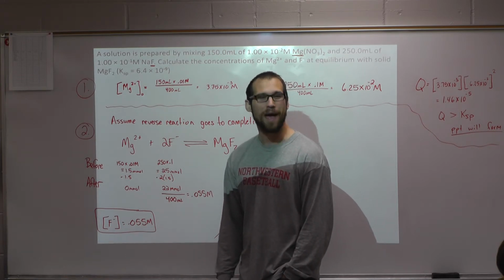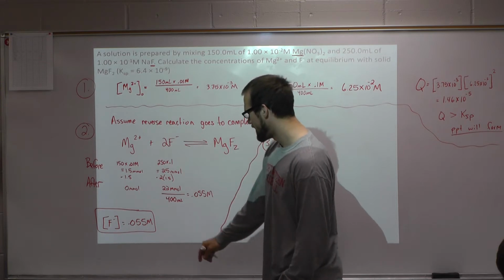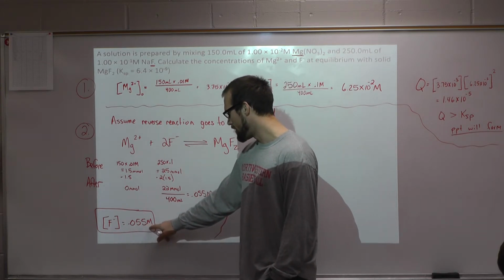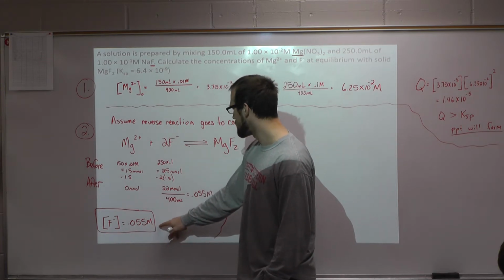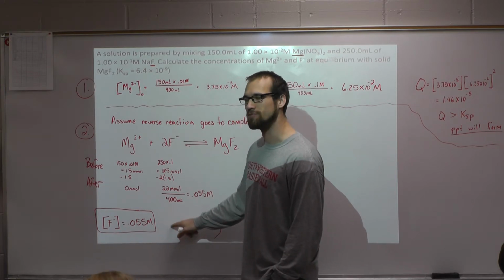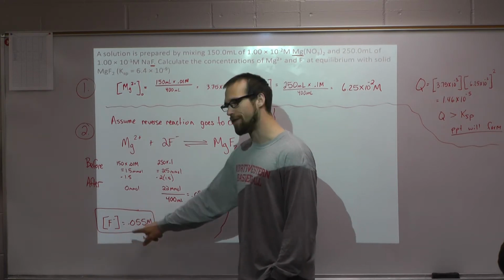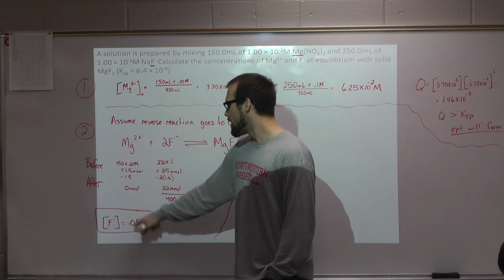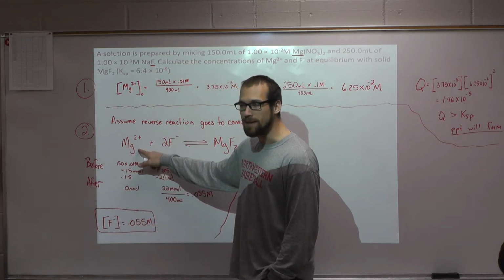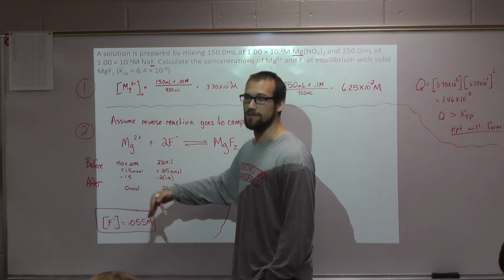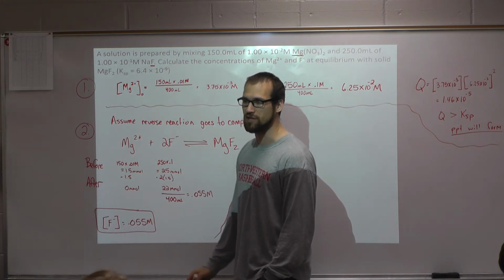What is going to end up happening is you're going to have this number plus 2x, and x is going to be so small that it isn't going to affect that number. Mg, we don't have any to begin with, so whatever x is, that is what the concentration of Mg is going to be.